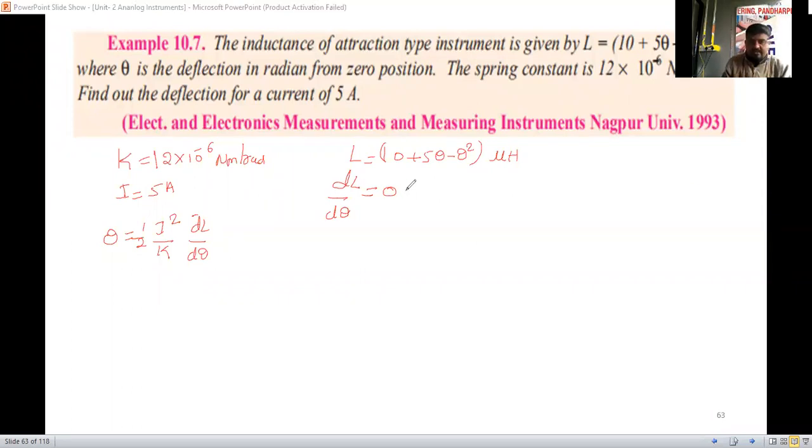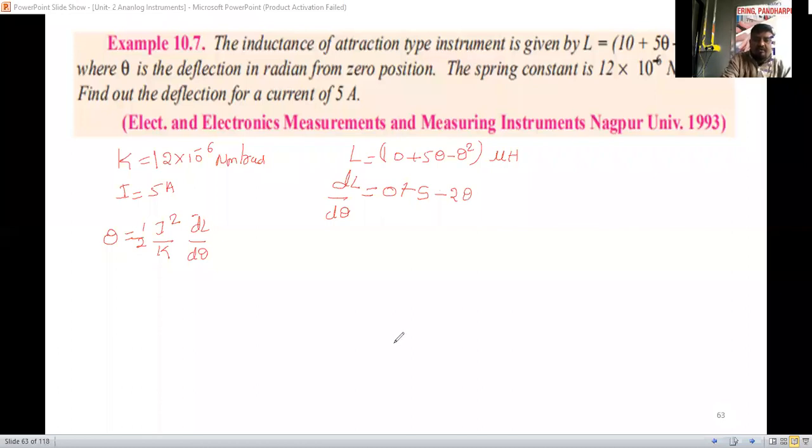So differentiation of 10 is 0 plus differentiation of 5 theta, which is 5, minus differentiation of theta square, which is 2 theta. Minus 2 theta.